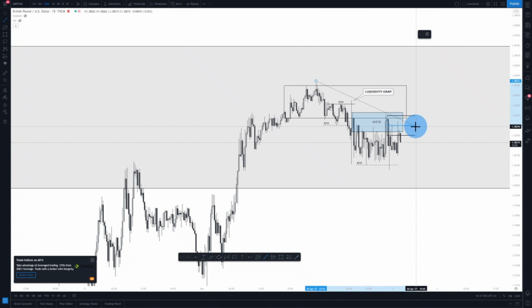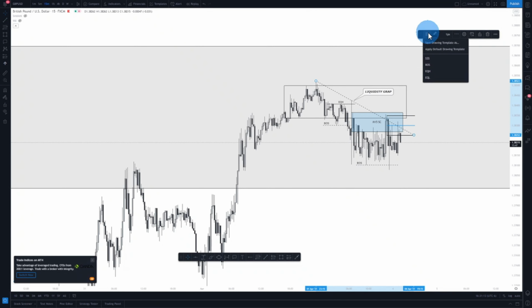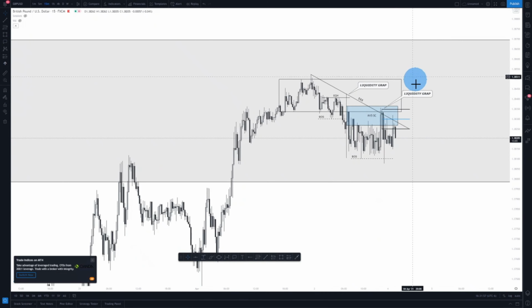As you can see, guys, liquidity has just been grabbed, so basically liquidity was freed. Over here also liquidity was freed, and over there also liquidity was freed.